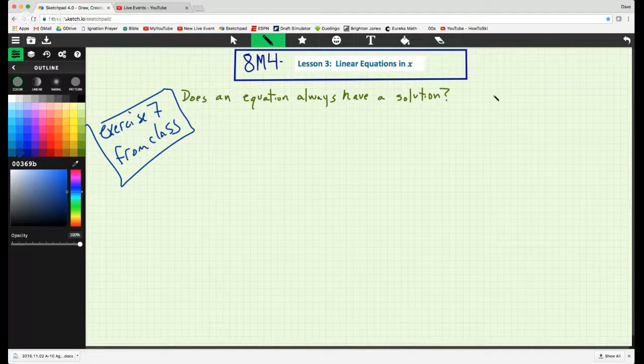And hopefully you were able to think of some solutions, and maybe your teacher talked about it, but the answer is no. And here's an easy way to think about this. Let's say on the left I have x, and on the right I have x plus 4. So this equation has no solutions.